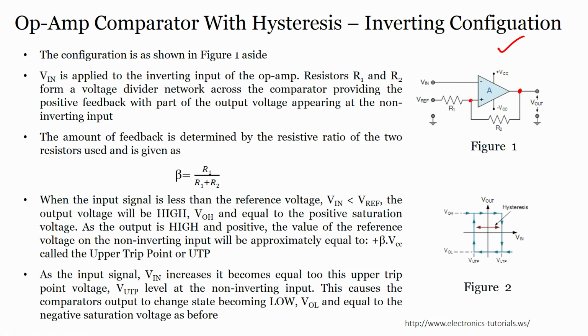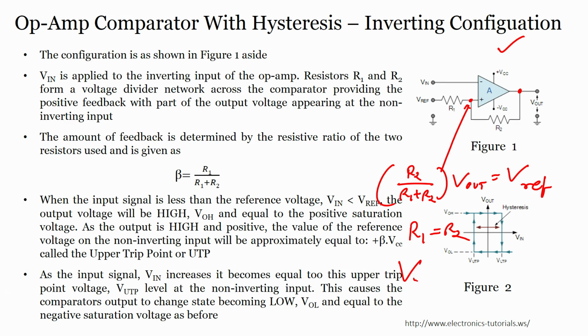What does it mean? The input here is fed using R1 and R2, right, from the output V out, so R2 by R1 plus R2 into V out is my V reference voltage. For R1 equal to R2, V reference voltage is nothing but half times V out.